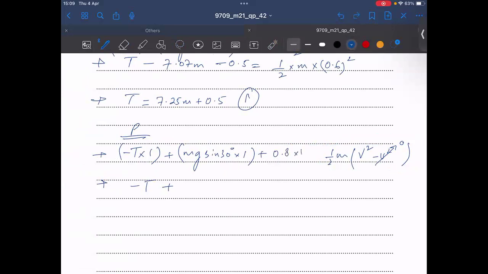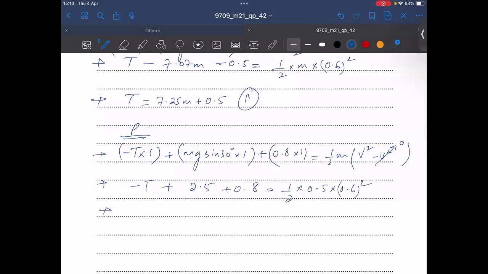So it's going to be 0.8 times 1. All right. So minus T plus 0.5 into 10 is 5, into sine 30 is 2.5, plus 0.8 equals half times 0.5 times 0.6 square.